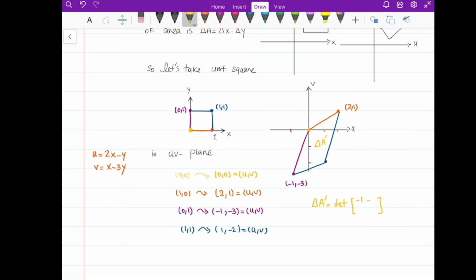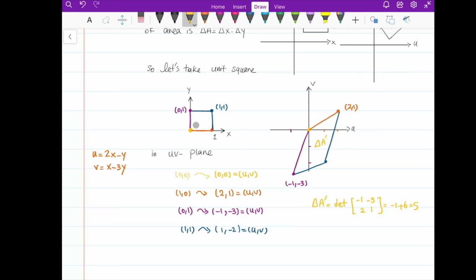So I get negative 1, negative 3 to 2 and 1. So it would be negative 1 plus 6, which would be 5. Okay, so the area here would be 5.